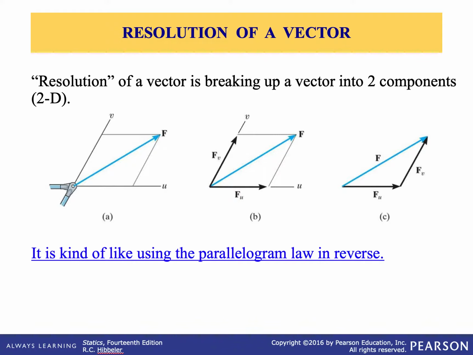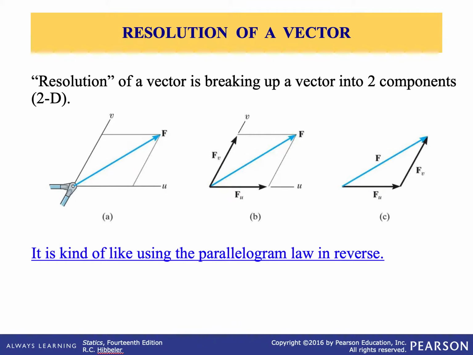So resolution of vectors is actually breaking up a vector into two components if we are dealing with vectors in 2 dimensions, and breaking the vector into 3 components if we are working in a 3-dimensional system. Start with the image that you see on the screen in A. You have a vector, and then in B we broke it down into FU and FV on 2 different axes.